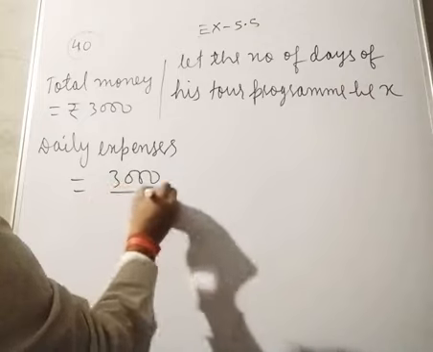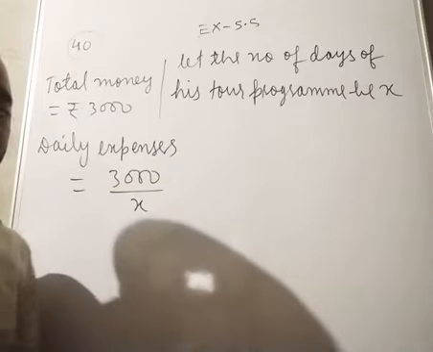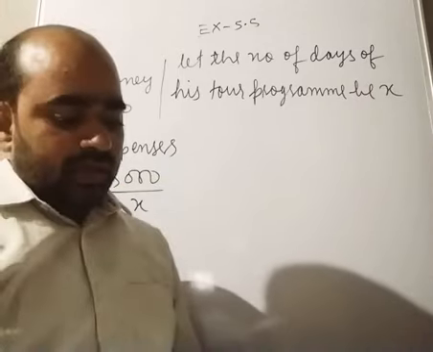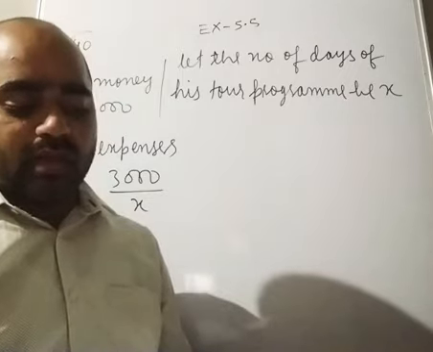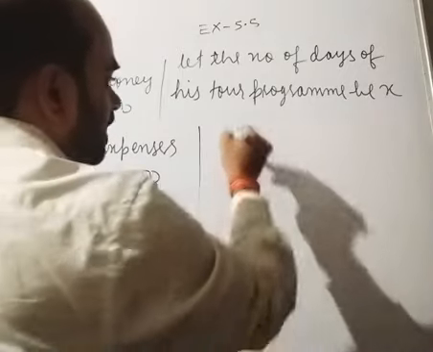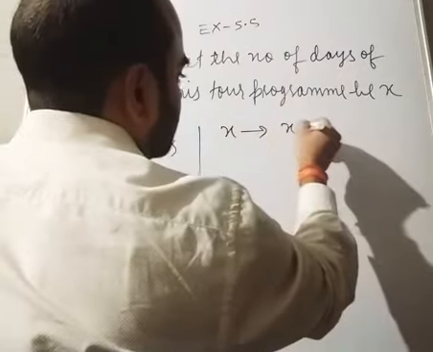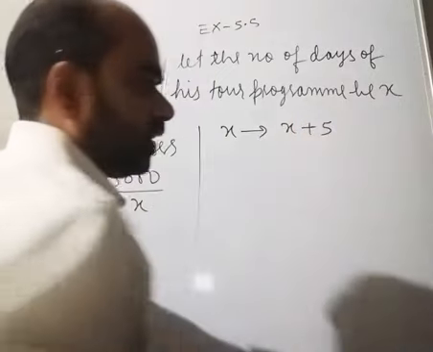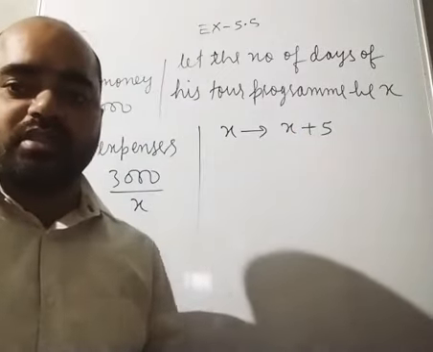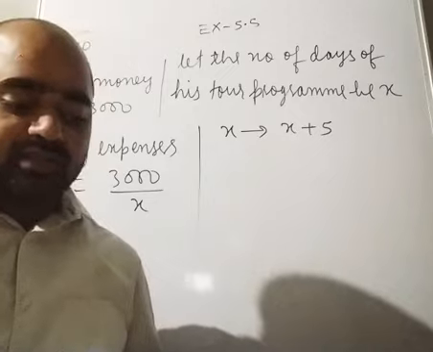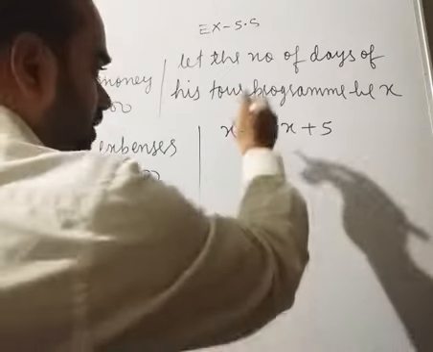Daily expenses will be 3000 upon x, correct? But the condition is, if he extends his tour program by 5 days, it means x will become x plus 5. Then total money is not changed. What is changed? Daily expenses are changed.